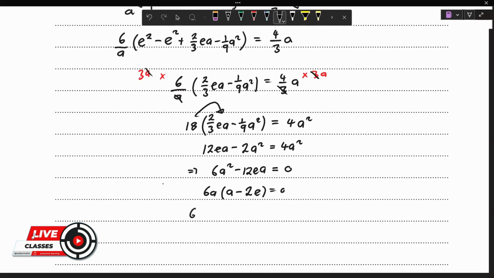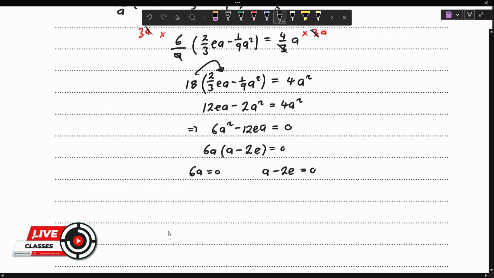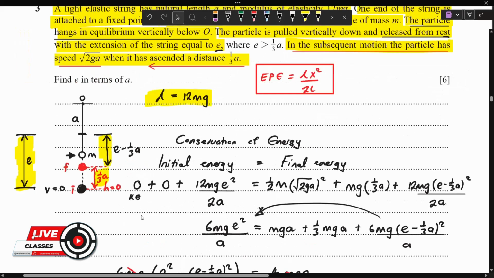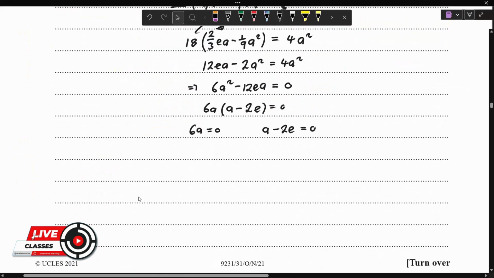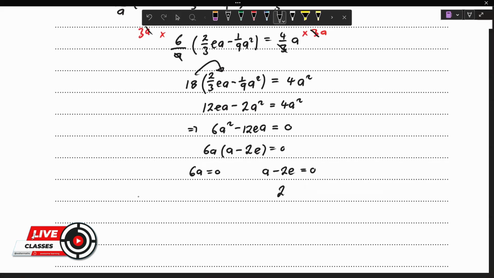So it's either 6A equal to 0 or A minus 2E is equal to 0. Remember the question says we should find E in terms of A. So here we can say that 2E is equal to A, and E is A over 2. So this should be the answer. That's how we can express E in terms of A.